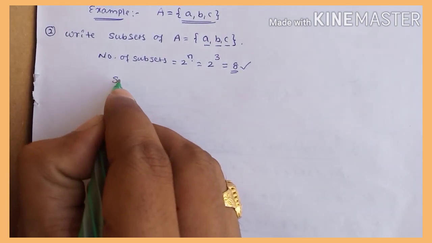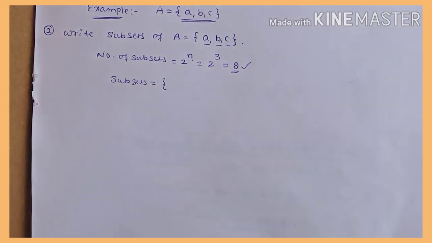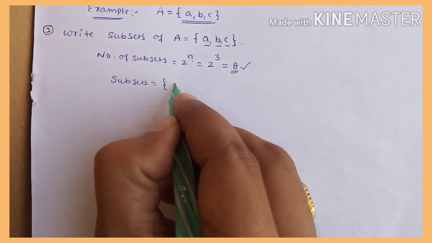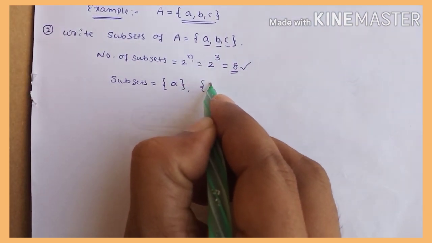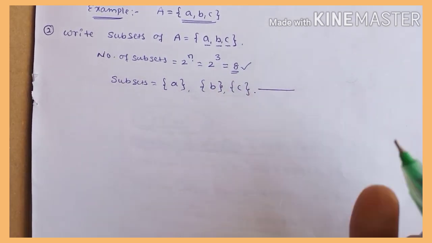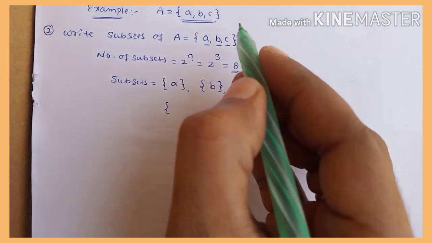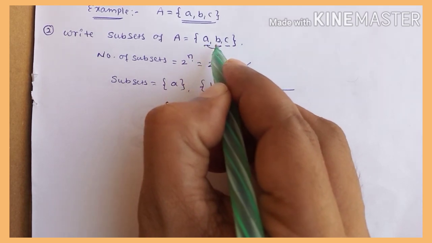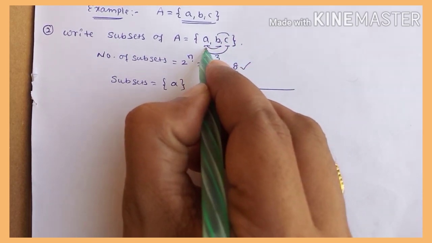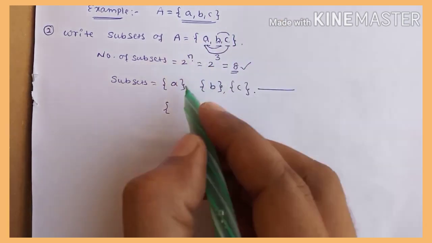Let's write the subsets. First we have to write the single element sets: first one is {a}, second one {b}, and third one {c}. These are called single element sets, which are subsets of the given set. Now double: ab, bc, ca combination.